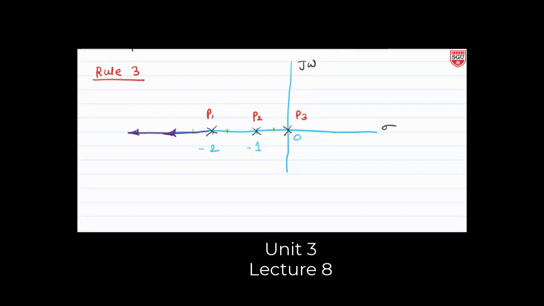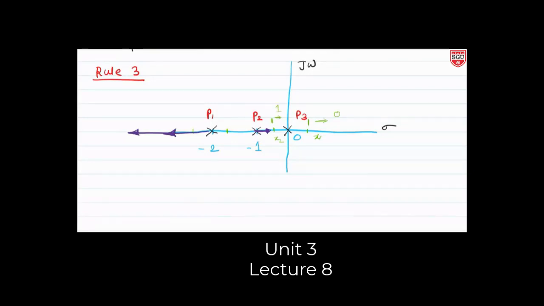Then the same we can apply for P3. Let's say here is X1, here is X2. If we stand here and look towards the right side, there are 0 poles. But here, if you look, there is 1.